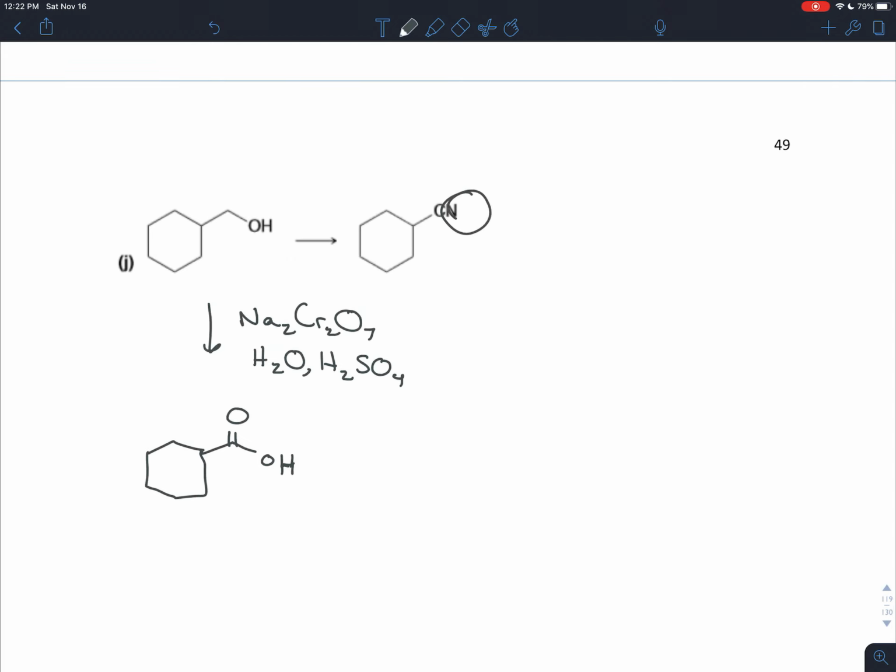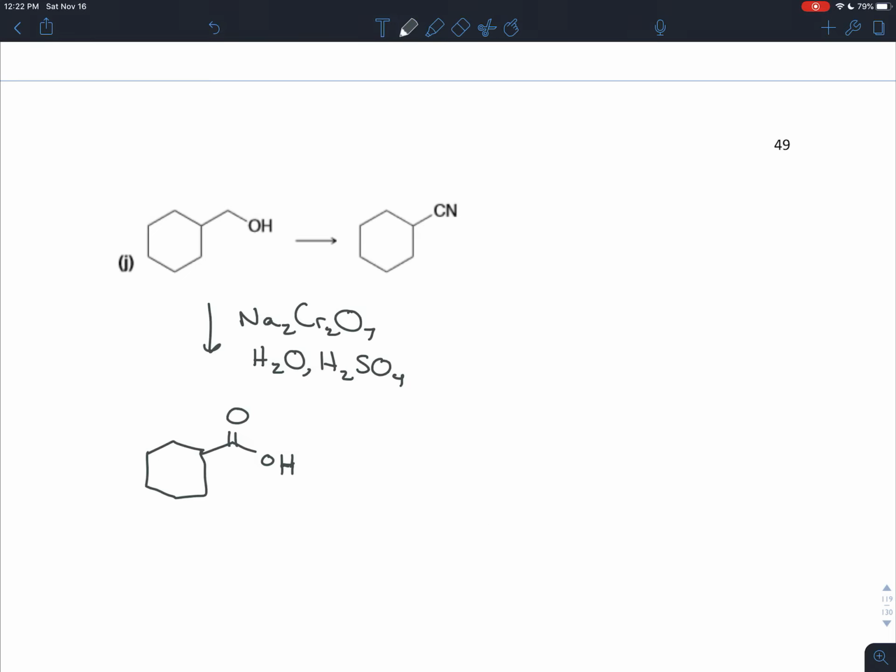Now, once we have that, we need a nitrogen on this molecule. But we can't just add excess ammonia right now. When you see the OH, you think leaving group. We'd want to replace that with a nucleophile, like a nitrogen nucleophile, like ammonia. But we can't attack this with a nitrogen because ammonia can act as a base. It would just steal the hydrogen there.